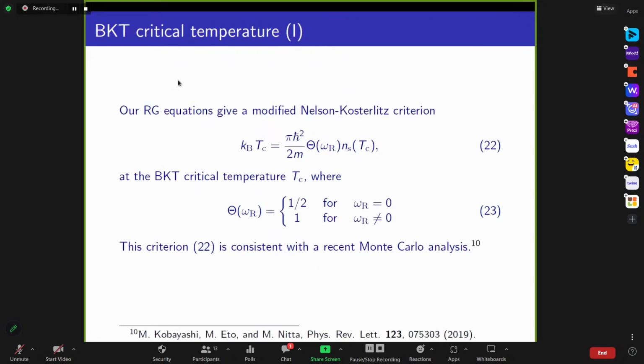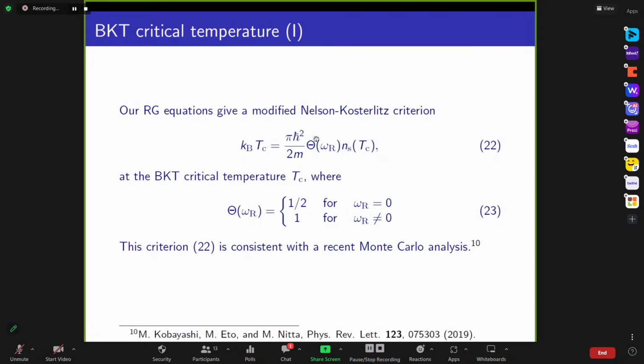What is important to stress is that our renormalization group equations give a modified Nelson-Kosterlitz criterion that is given by equation 22, namely, the quantity just above the critical temperature is related to the superfluid density calculated at the critical temperature by equation 22.